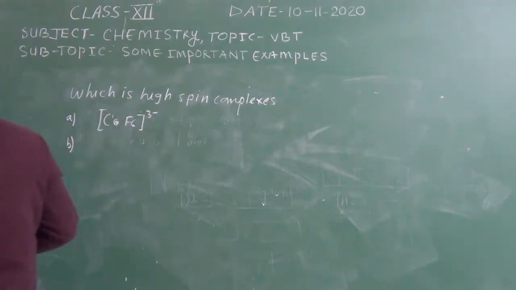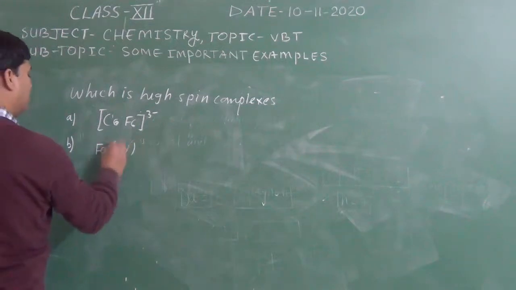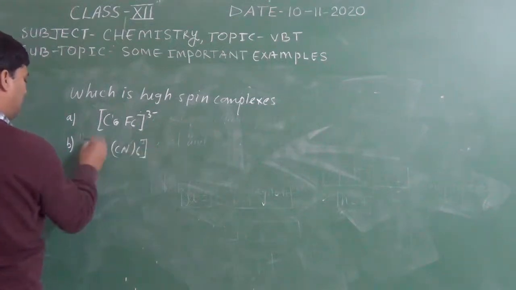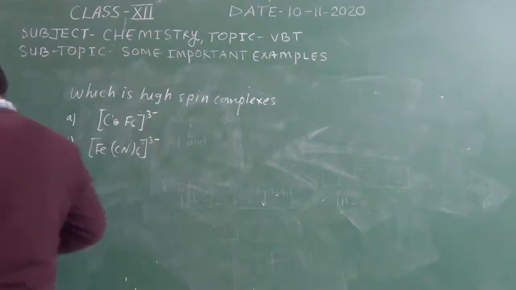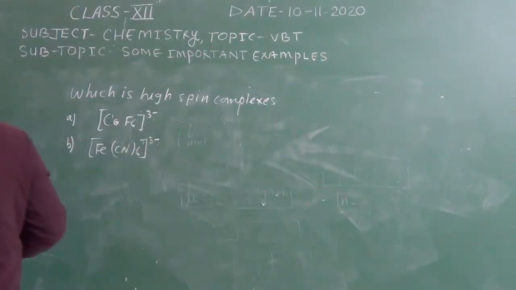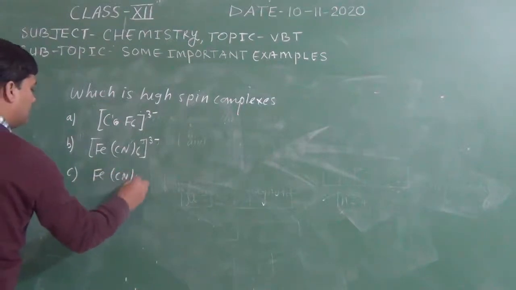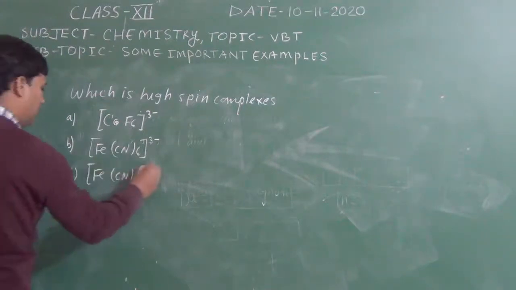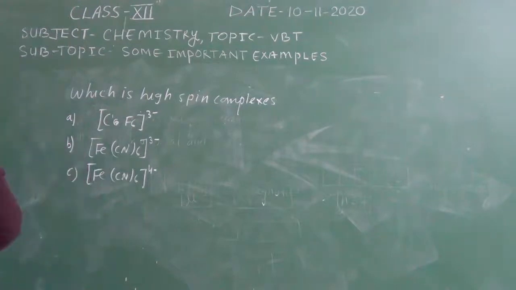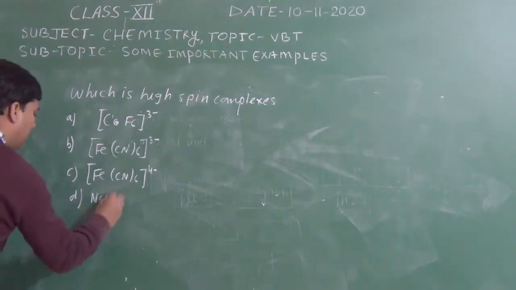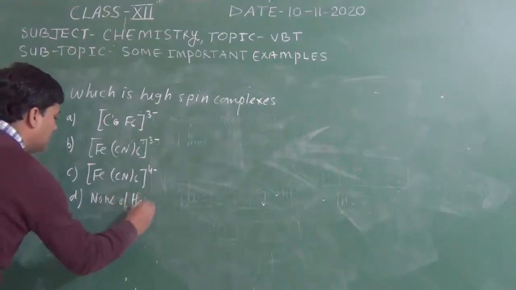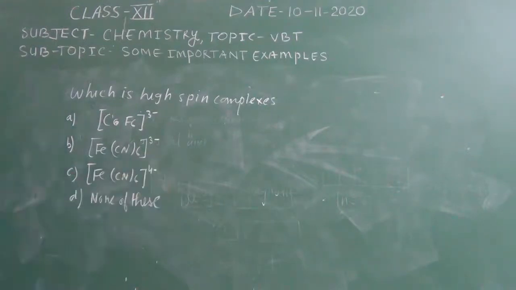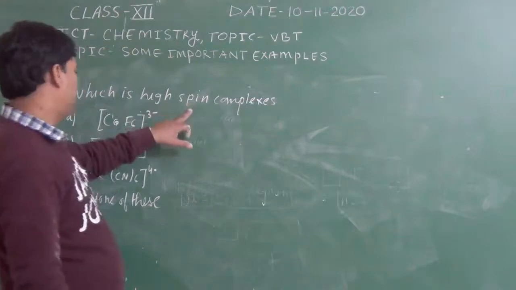Option B, Fe(CN)6 3-. Option C, Fe(CN)6 4-. And the last option D, none of these. Okay, which is the high spin complex?